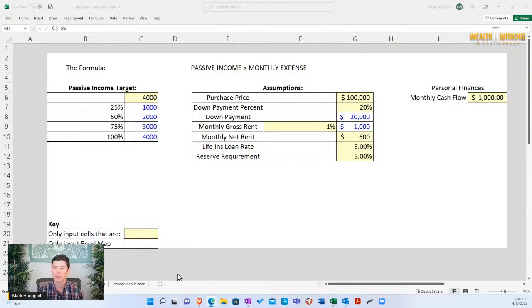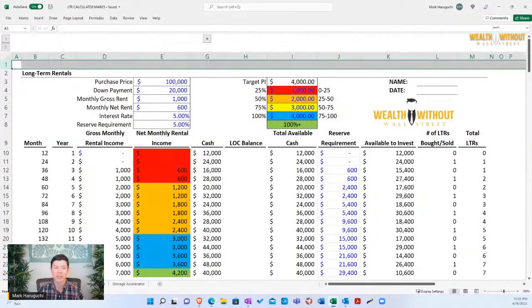So what is this going to look like? Well, if we were using cash, we can see here I've got the purchase price, the down payment, everything is the same. I also color coded 25%, 50, 75, and 100% of what you need to be and when you break it. So what you can see is you're going to get your first property when you save cash, in this example, in year 3. So there's your $600 a month.